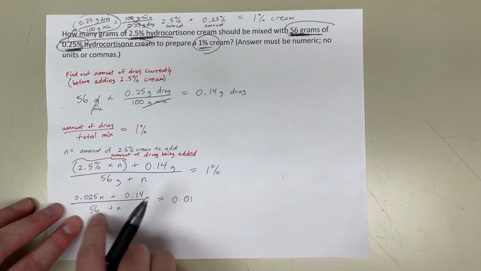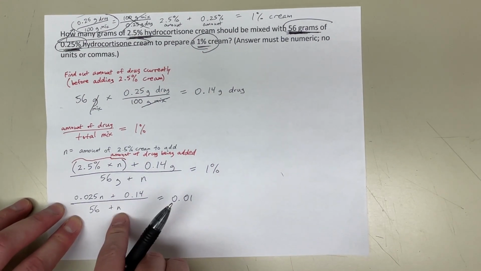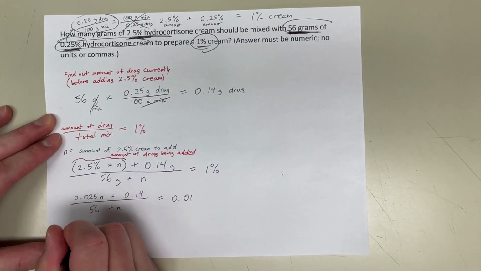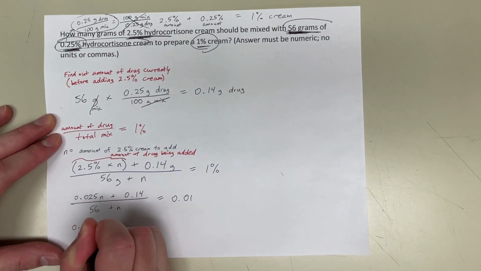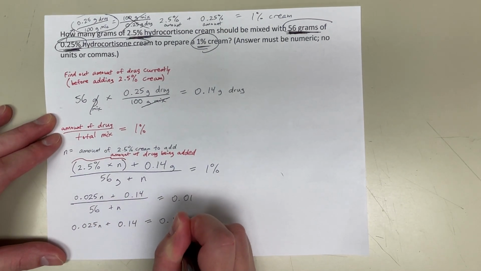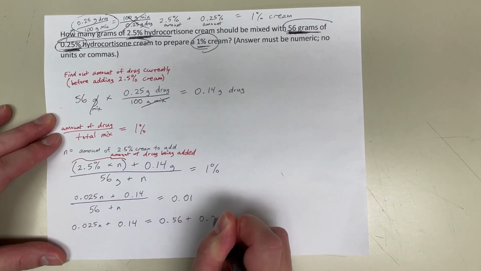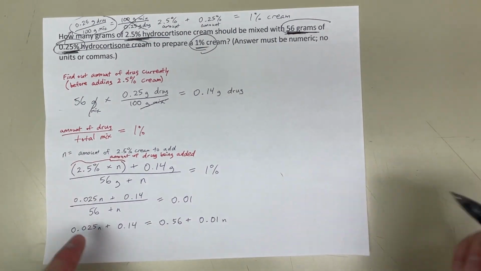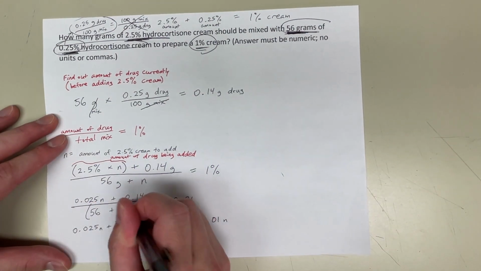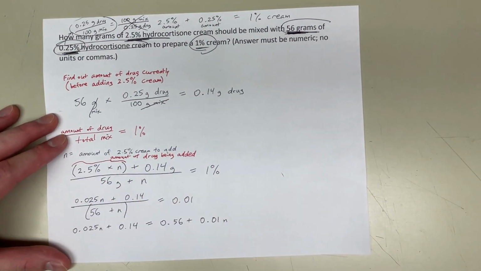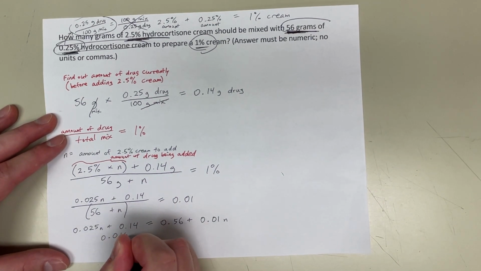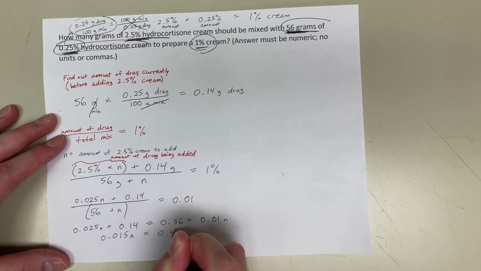I'm going to multiply both sides by 56 plus N. That should give me 0.025 N plus 0.14 equals 0.56 plus 0.01 N. I just multiply this side by 56 plus N, and then you just solve for N. So 0.015 N equals 0.42.